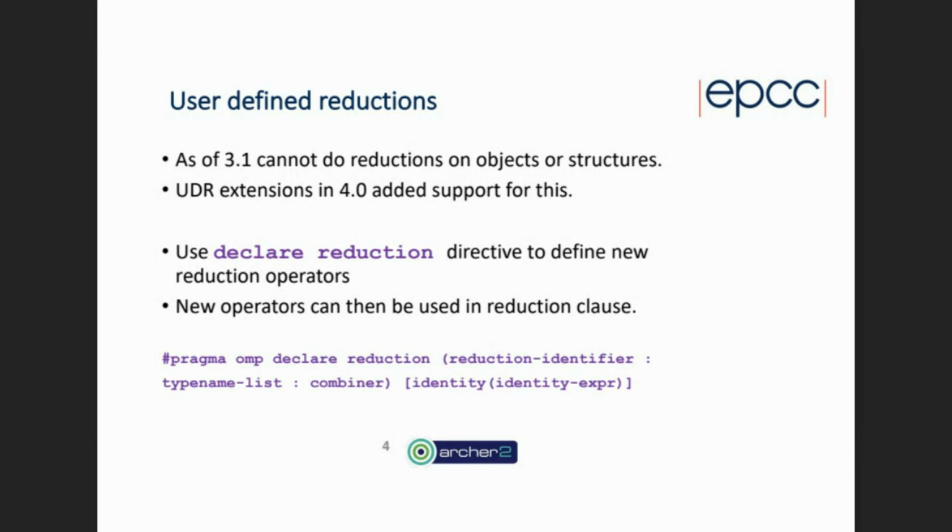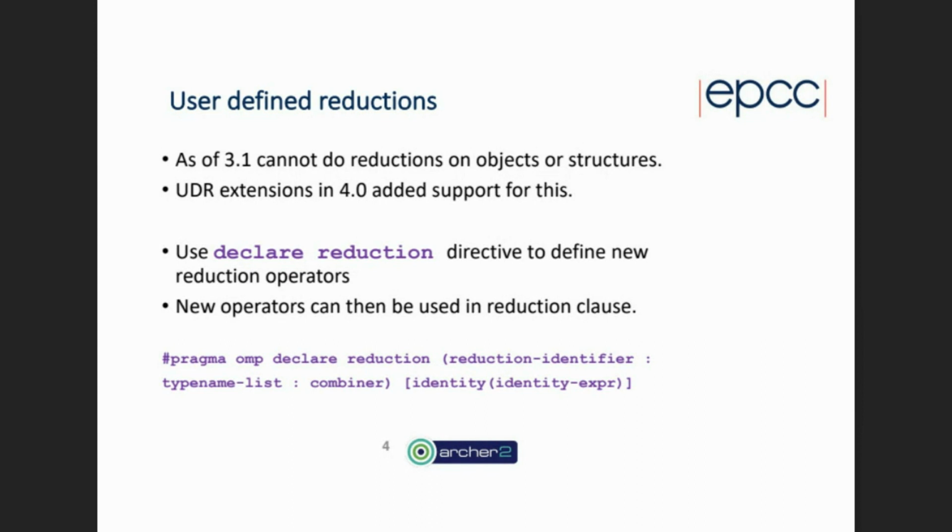But the more recent support allows you to declare your own reduction operators. You do this with a declare reduction directive that defines the operator, and then you can use those in the normal way in reduction clauses on parallel regions or parallel loops, for example.